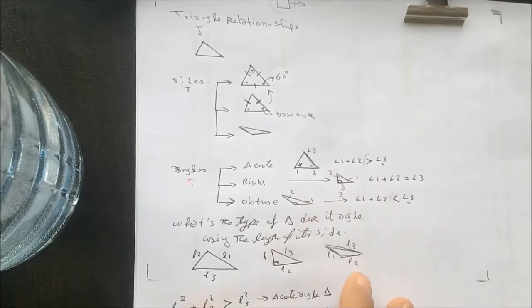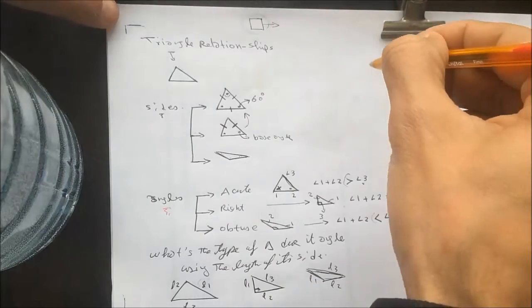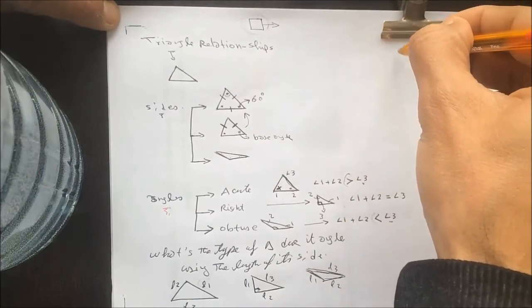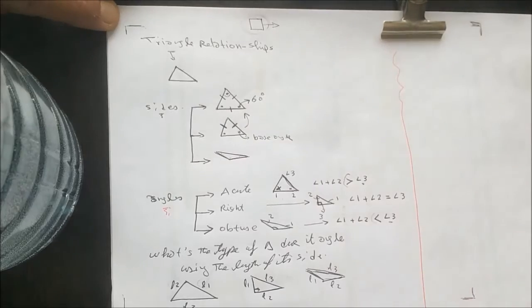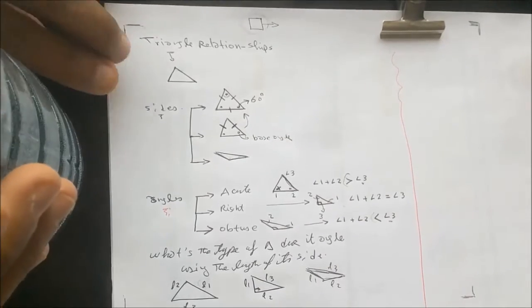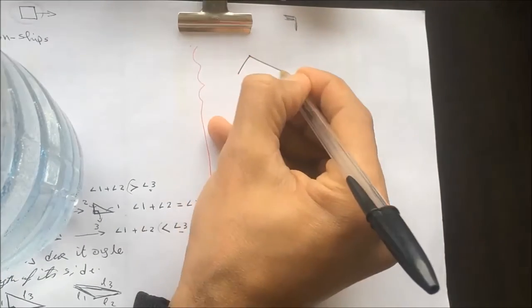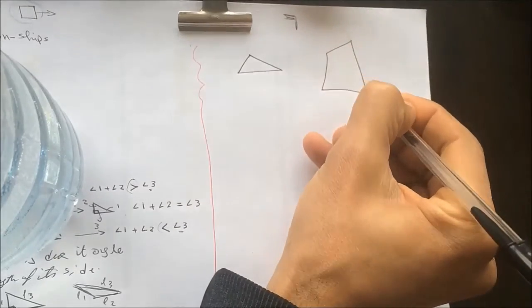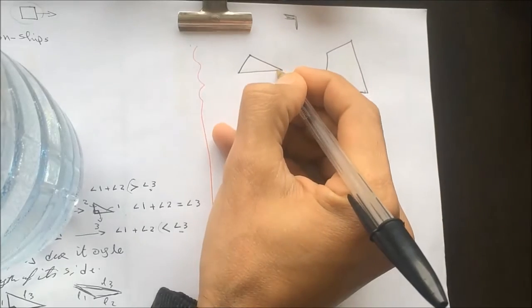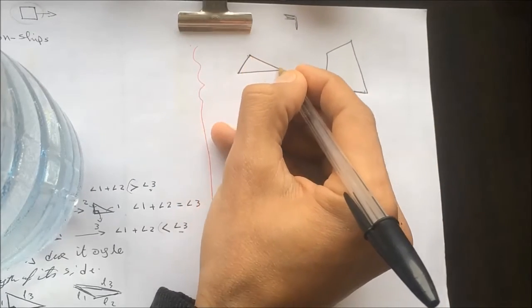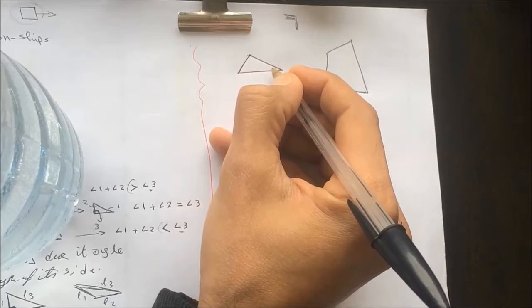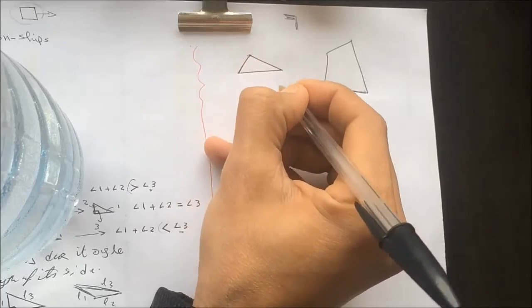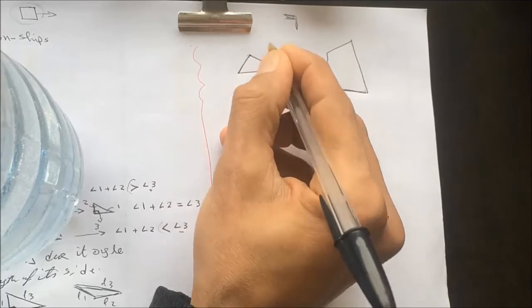Okay, we need to talk more about the triangles. If I draw a triangle like this or any polygon like this, if you take this side or this side or this side and you extend it, you need to extend it clockwise or anti-clockwise.